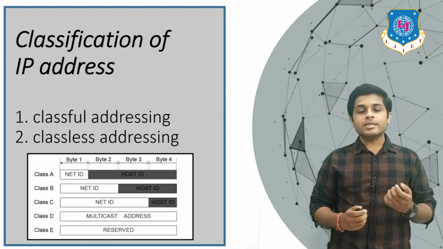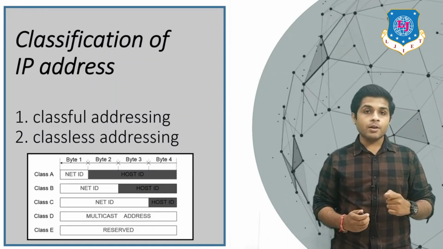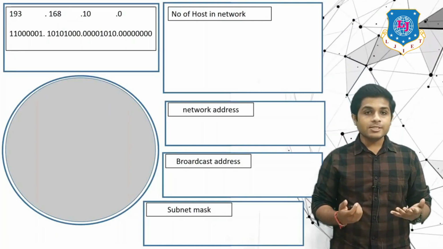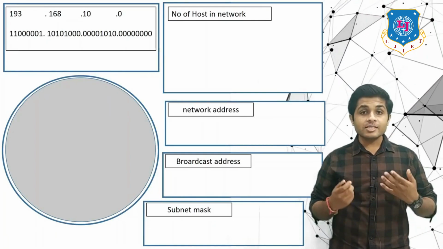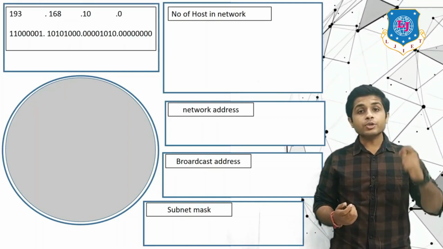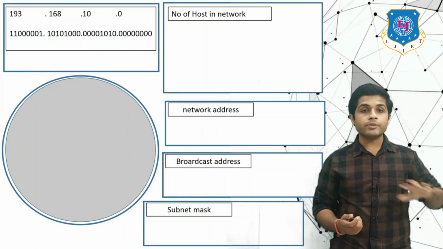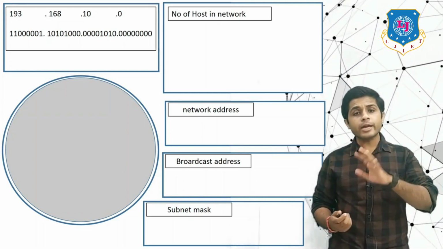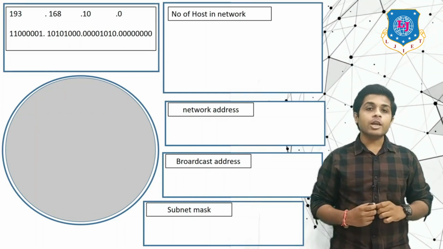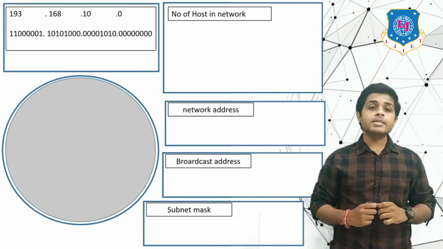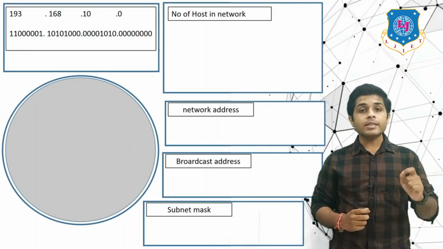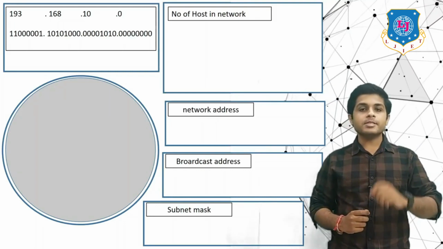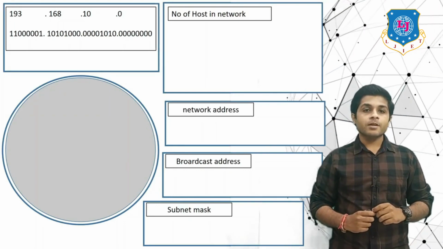So let's see the first example of a class C network. We have just discussed that in class C, there are a total of 2 raised to 24 individual networks possible. From those, one network is allocated to you, which you can see on the screen: 193.168.10.0. It is also represented in binary.